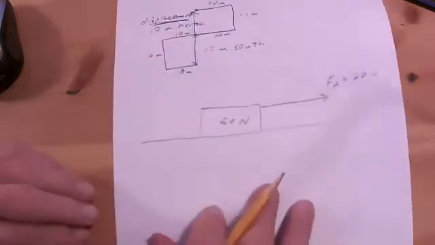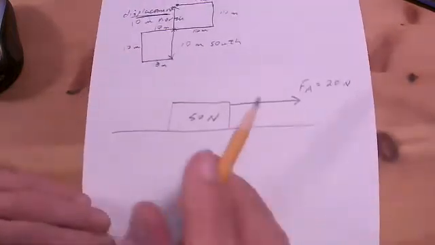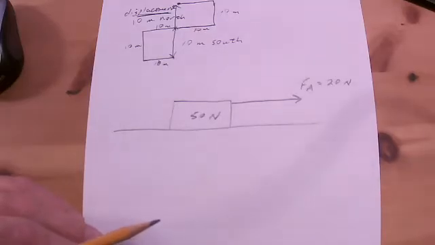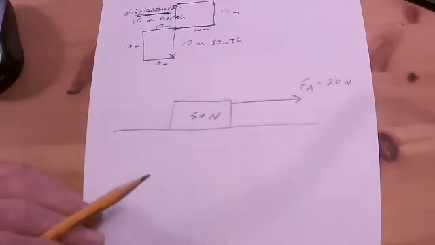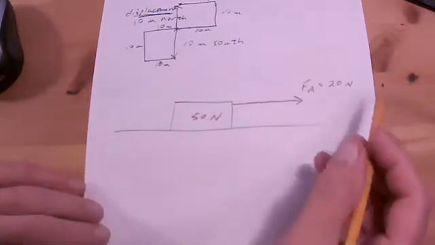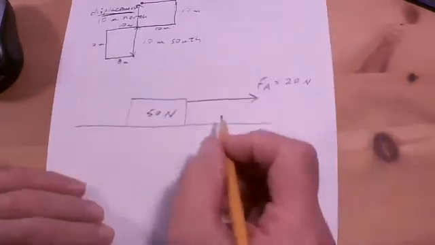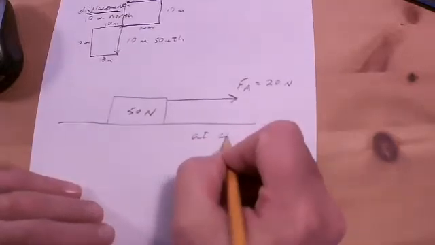Now the second one. The question was: an applied force of 20 newtons is required to drag a box that weighs 50 newtons at constant velocity. At constant velocity.